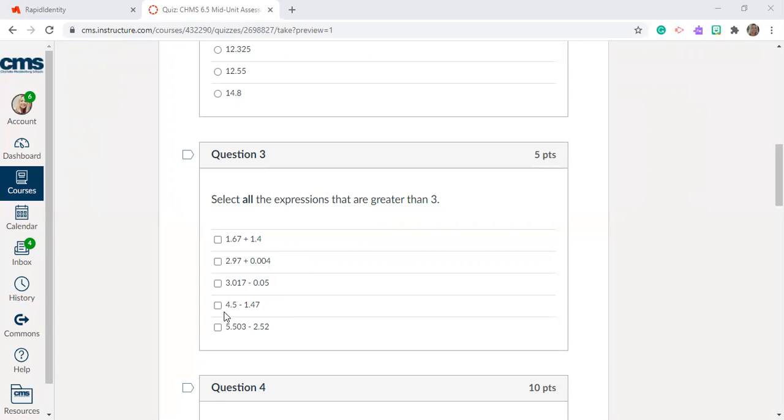The fourth one is 4 and 5/10ths minus 1 and 47 hundredths. And the last one is 5 and 503 thousandths minus 2 and 52 hundredths. Pause and do the work in your notebooks.